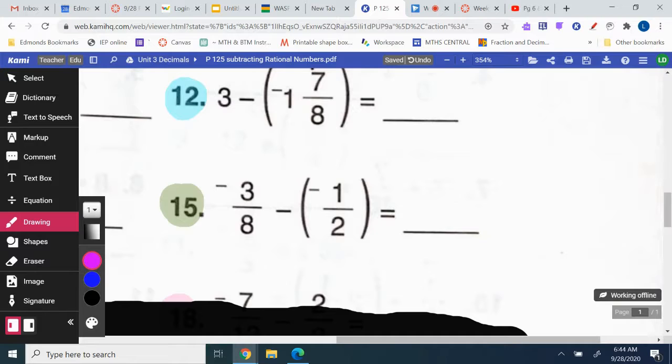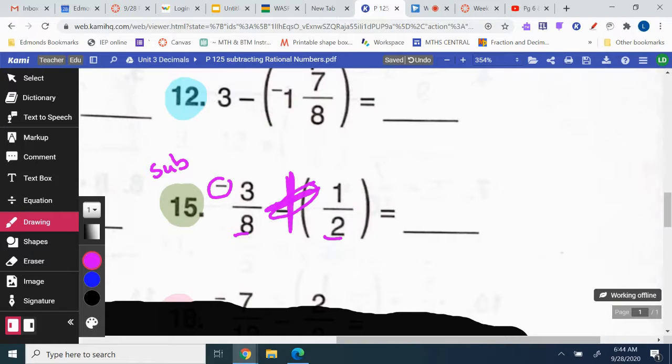Again, because I see these two signs right here, I'm going to change that to a giant plus sign. And now I know I have a negative sign and a positive sign, so I have to subtract. I might even write that here so that my brain knows I have to subtract. The next piece, do I have the same denominators?